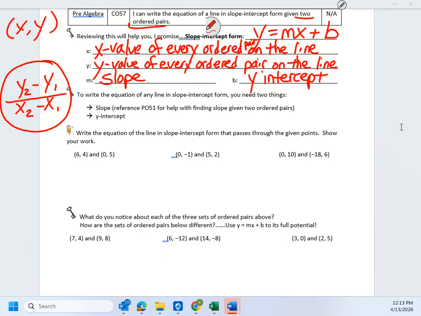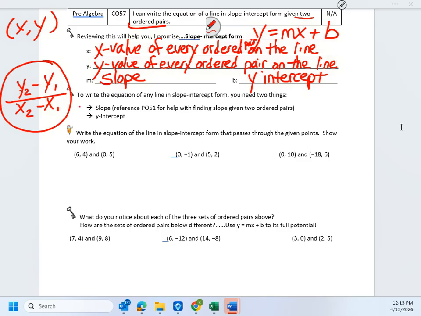So remember, the numerator is going to be the y's, and then the x's on the bottom. Make sure if you have y2, you start with x2. Those are common mistakes that people make when using this formula to find the slope. But we are using this formula for this objective, so we need to know how to use it. So if you make mistakes, refer back to CO50 or PO51 to remind yourself how to use this formula.